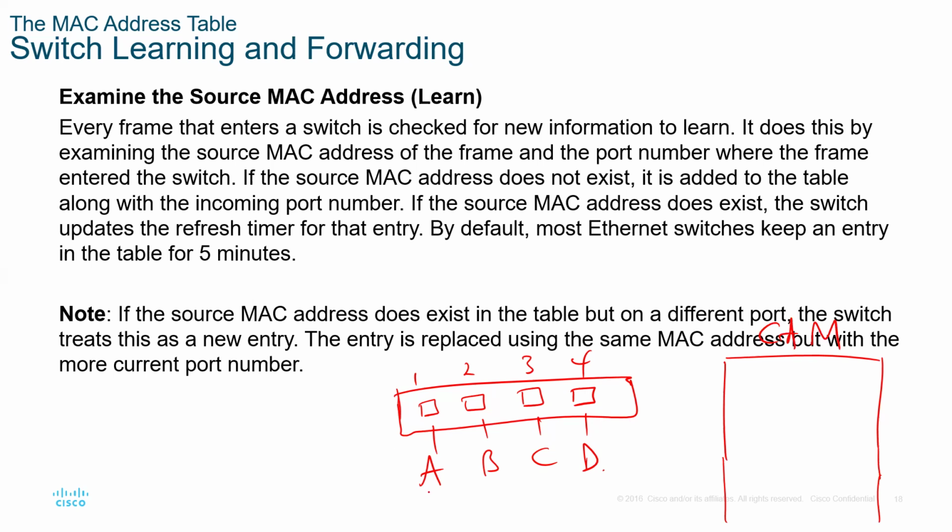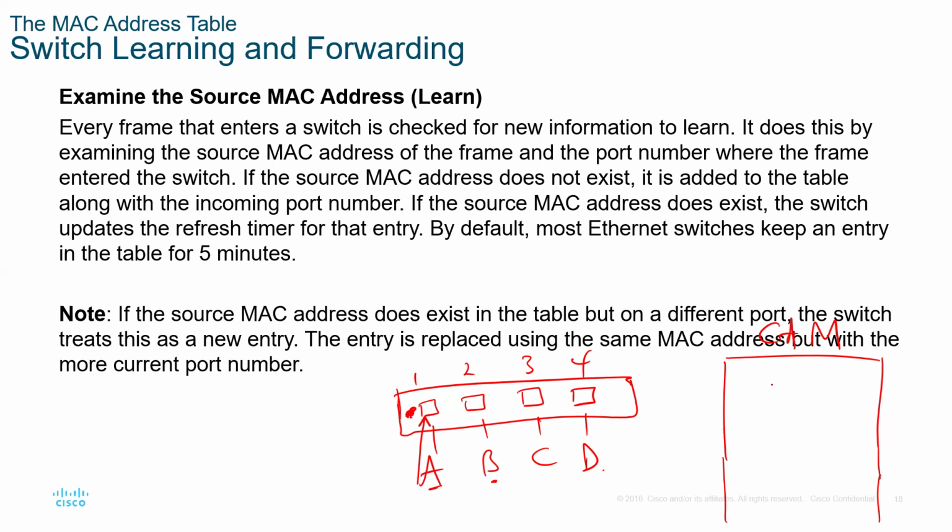The moment A wants to send something to B, what happens? A sends information through its port, with the source MAC address being A and the destination MAC address being B. The information arrives at port 1. The switch receives it and looks at the MAC address table.